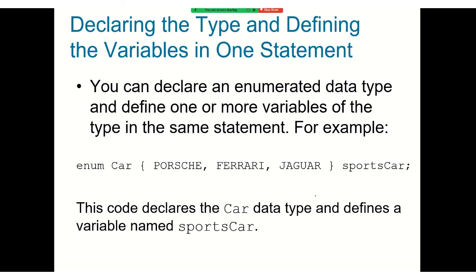Declaring the type and defining the variables in one statement, there are multiple ways you can do it. You can declare the enumerated data type and define one or more variables of the type in the same statement. For example, this code declares the car data type and defines a variable named sports car, which is of the type car.